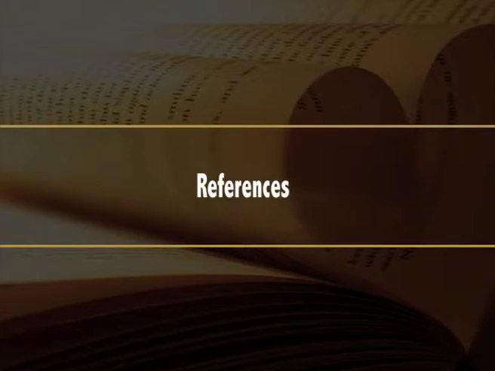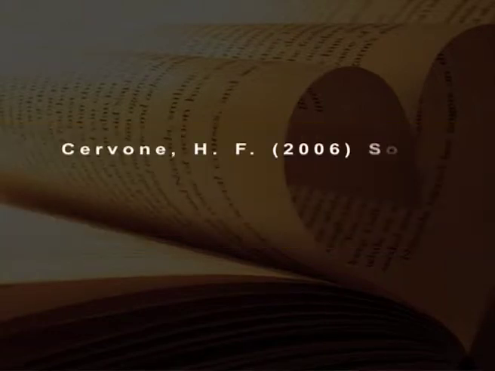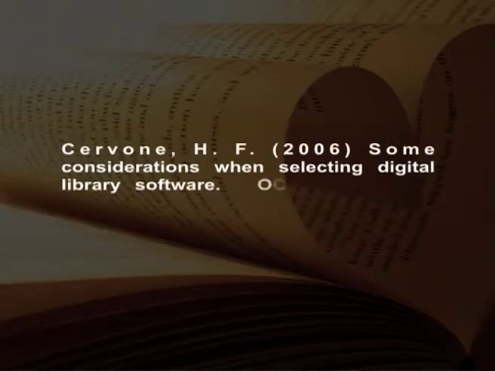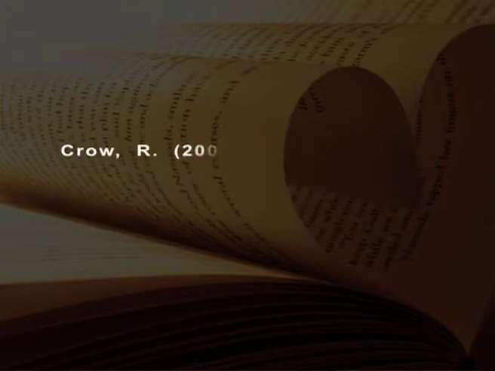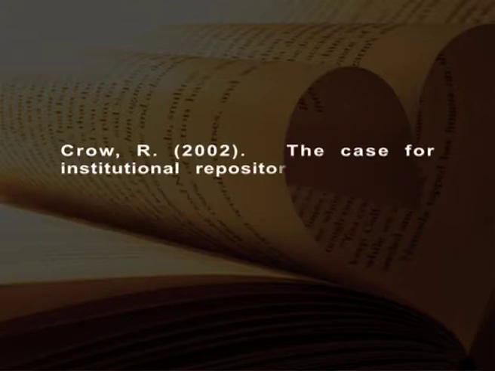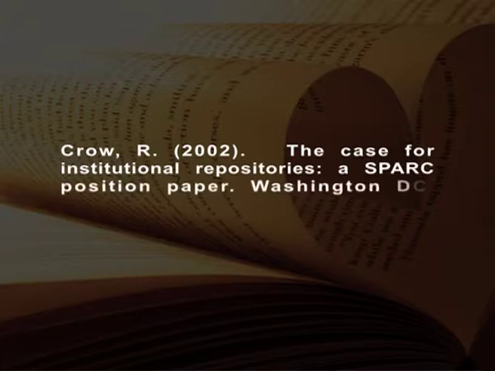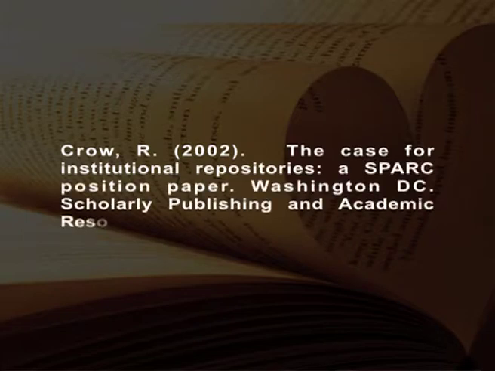Books for your reference. OCLC Systems and Services, International Digital Library Perspectives. H.F. Cervone, 2006. The Case for Institutional Repositories, a SPARC Position Paper, Washington, D.C., Scholarly Publishing and Academic Resources Coalition. R. Crow, 2002.